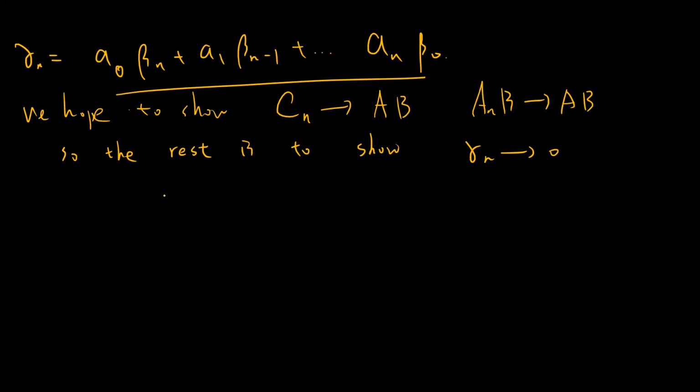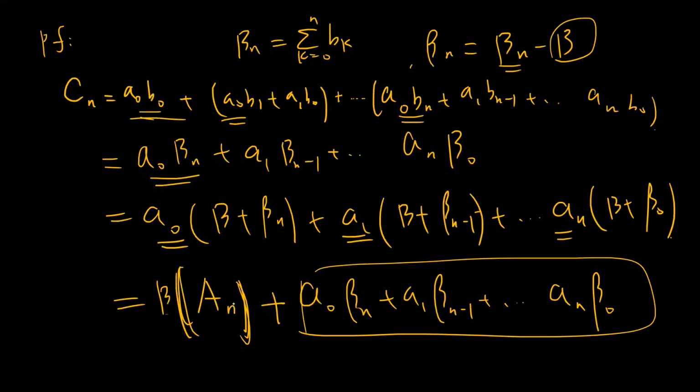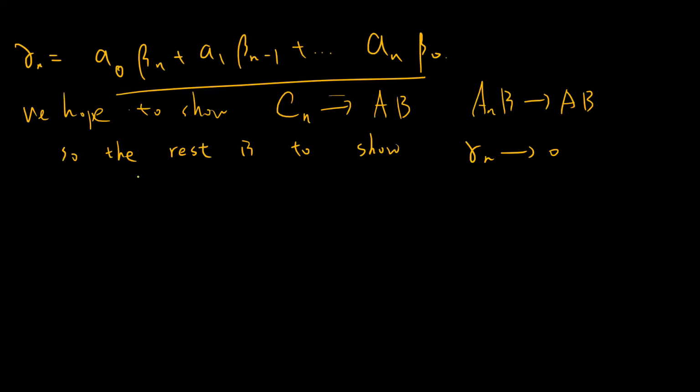This term already converged to B times A, so we only need to show that gamma n converges to 0 as n goes to infinity. So it's just to bound gamma n. So let's try to bound gamma n, right?